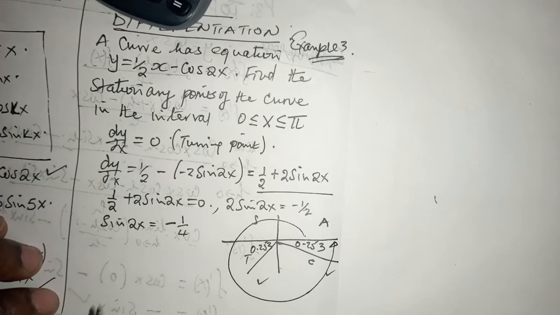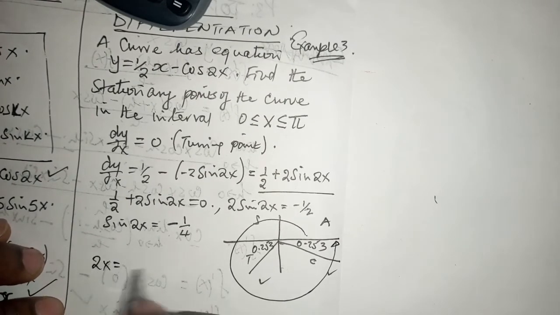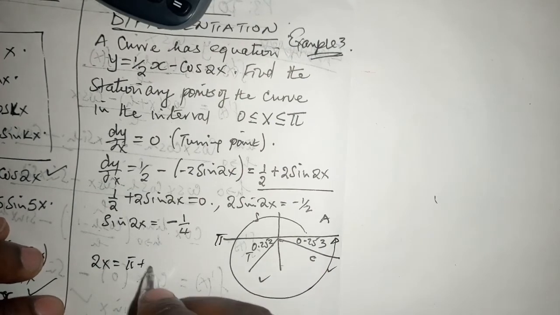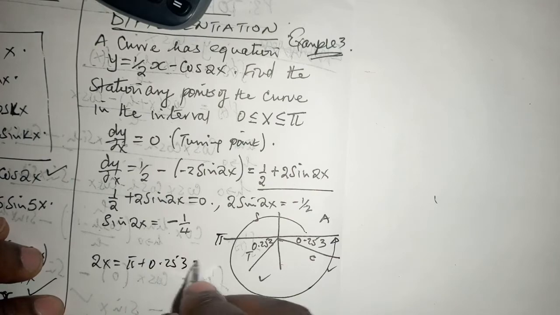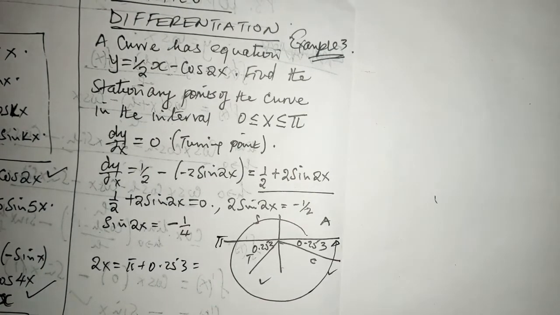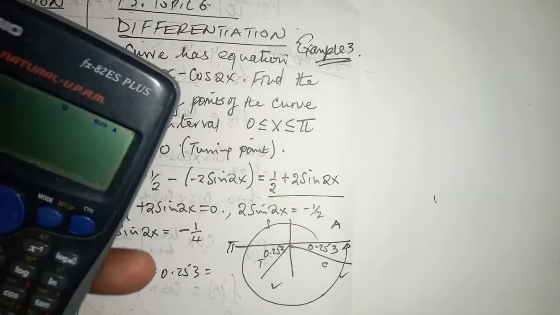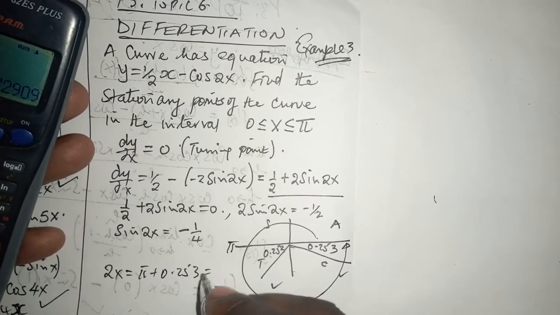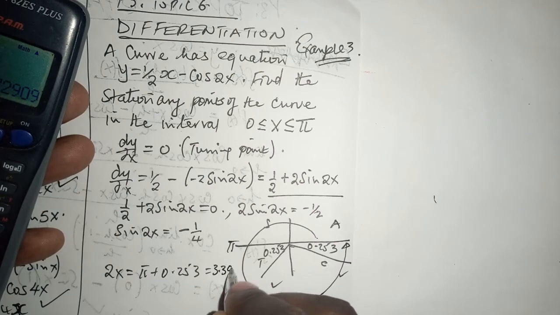And of course, we are going to say 2x equals pi plus 0.253, going clockwise, which is 3.39.